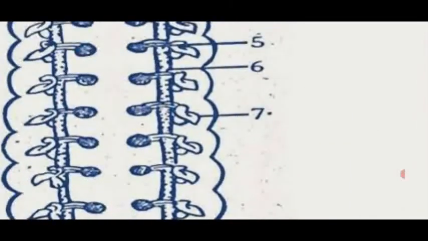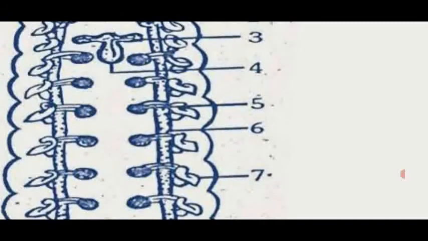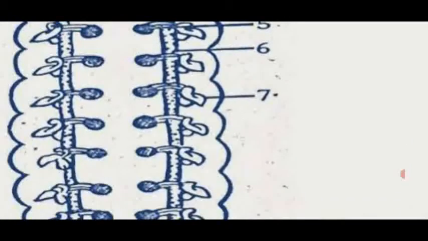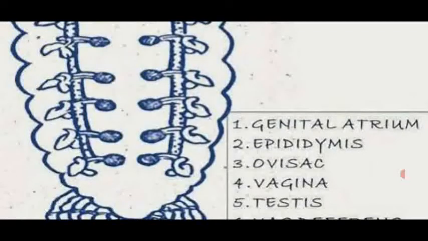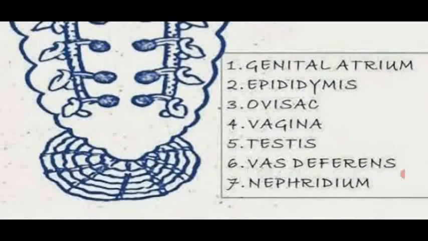See, count the segments of your testes. There are 11 pairs on both sides, located from the 12th segment to the 22nd segment.